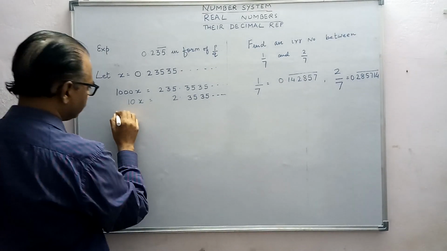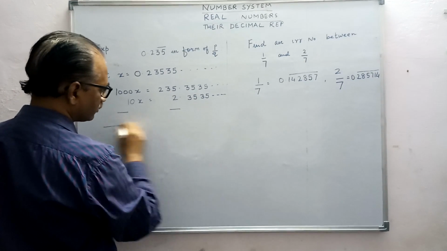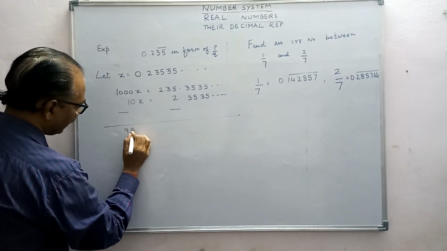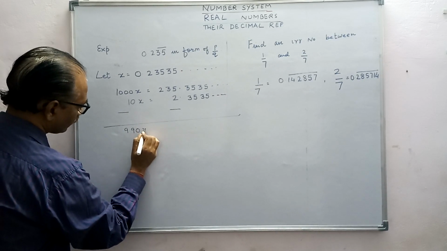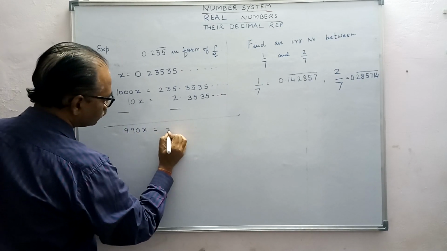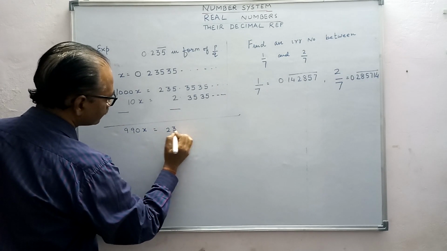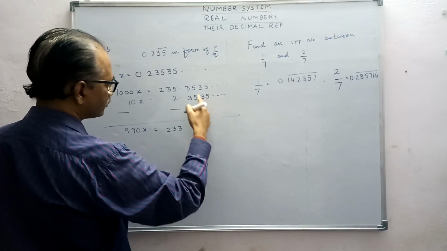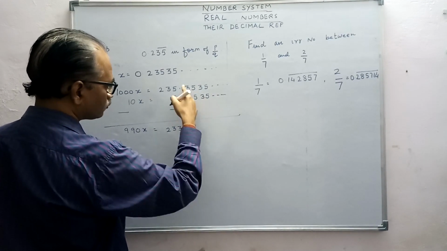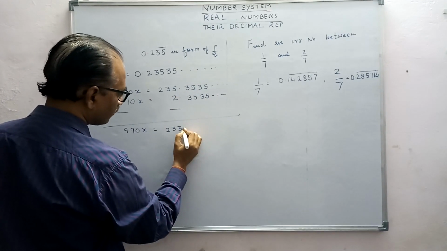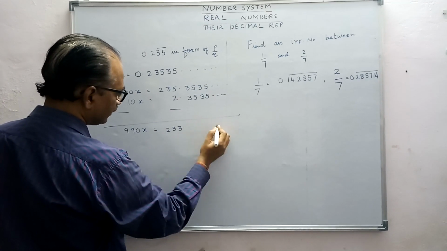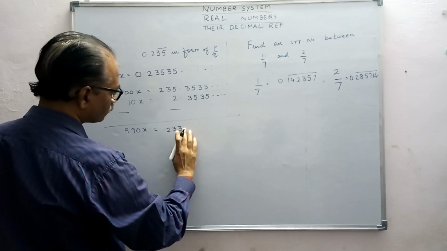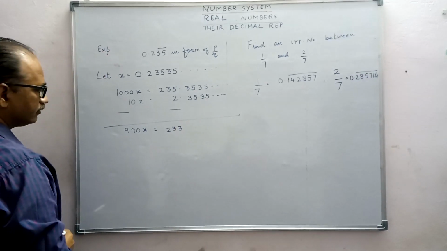Now subtract, both sides you subtract. So you will get 1000x minus 10x, which is 990x, equal to 233. 5 minus 5 is 0, 3 minus 3 is 0, 5 minus 5 is 0, 3 minus 3 is 0. So after the decimal there is nothing, all zeros. So we can write it as 233 only.